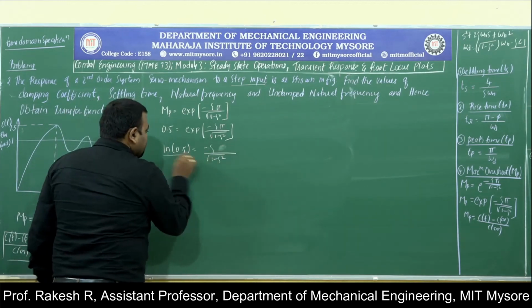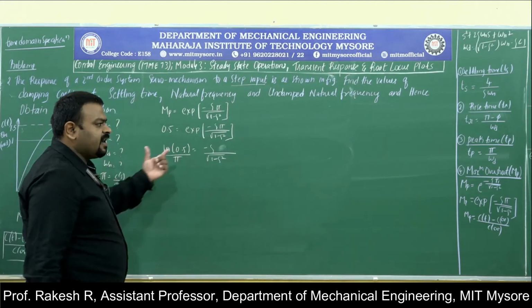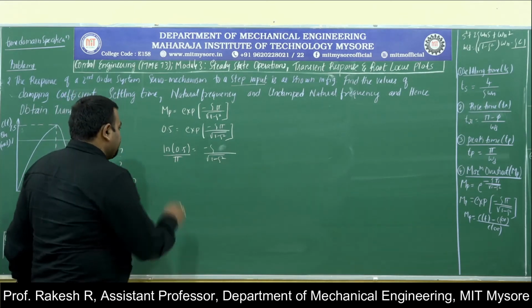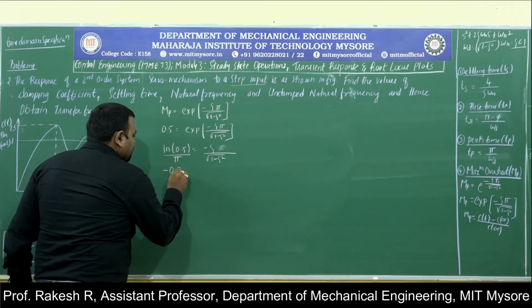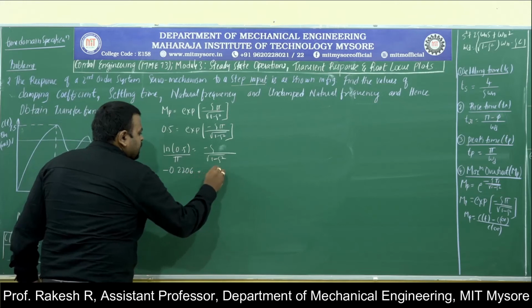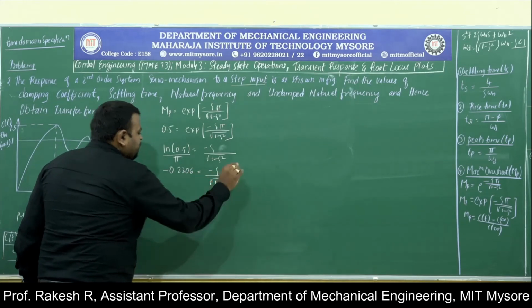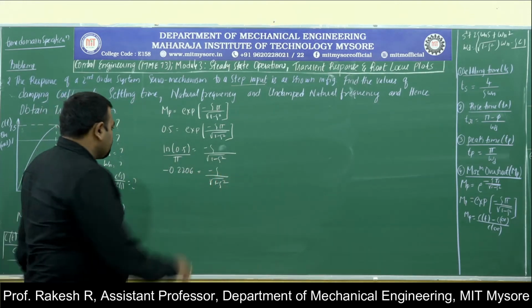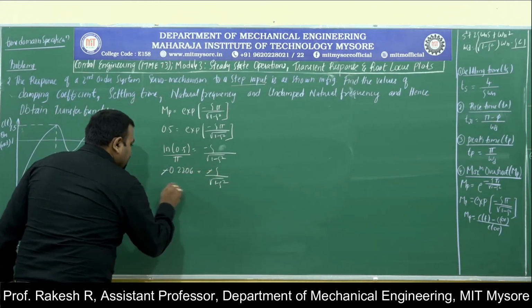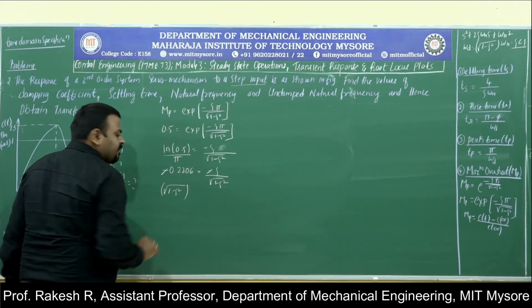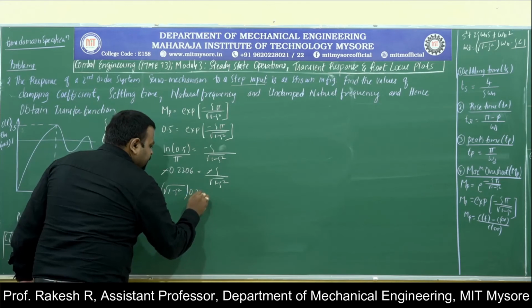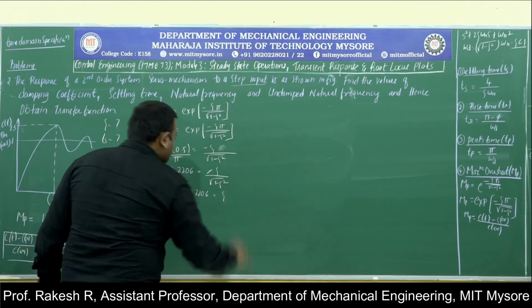Even pi also I will send this side. Ln of 0.5 divided by pi, the value is around minus 0.2206, equal to minus zeta divided by square root of 1 minus zeta square. So the minus signs will get cancelled. Simplifying, 0.2206 times square root of 1 minus zeta square equals zeta.